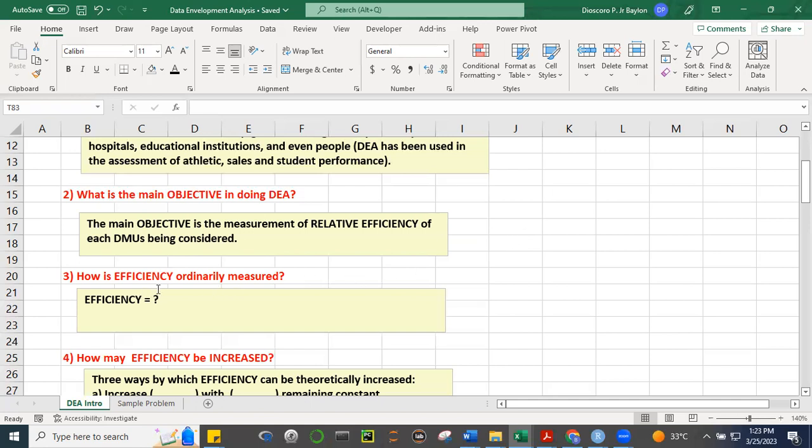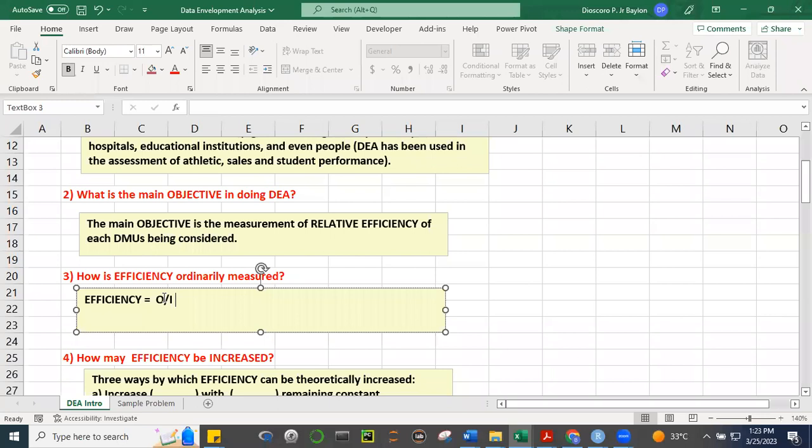In DEA, generally, how do we measure efficiency? Efficiency is measured using output over input. However, in DEA we have several outputs and several inputs.